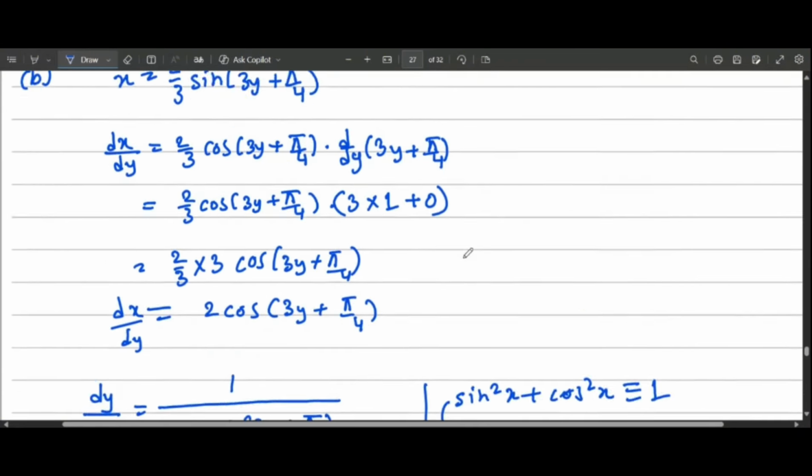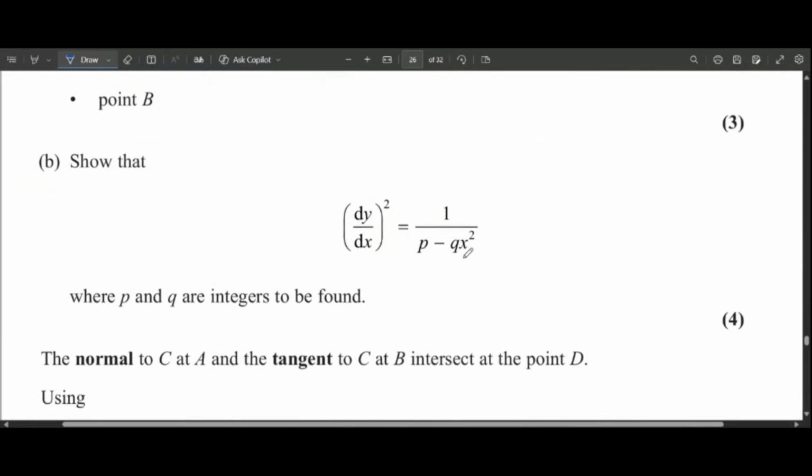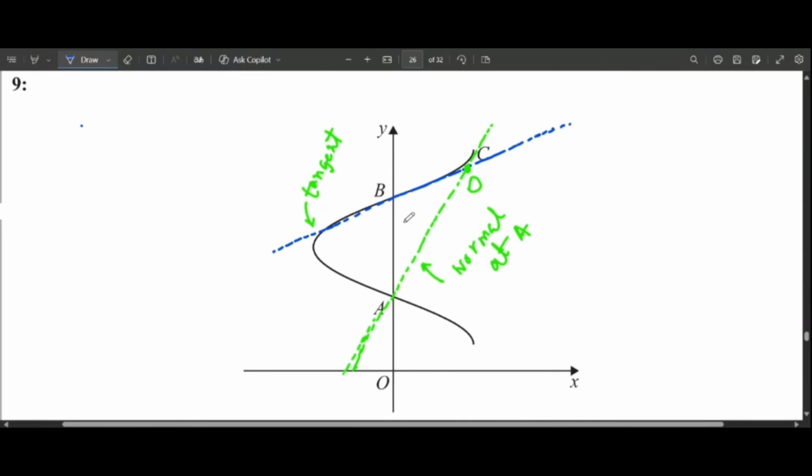From our sketch, we can see that the tangent to B has a positive gradient, because it makes an acute angle with our x-axis. The tangent to B makes an acute angle with our x-axis.